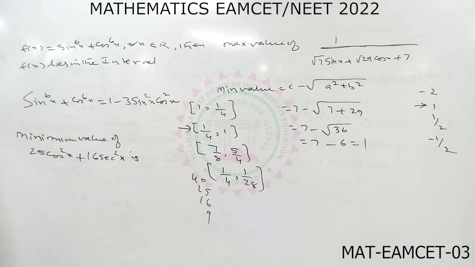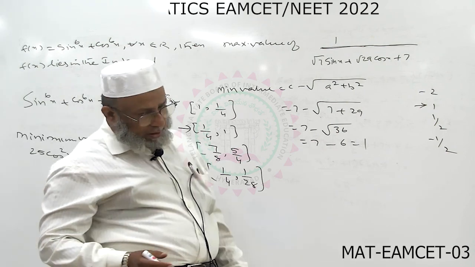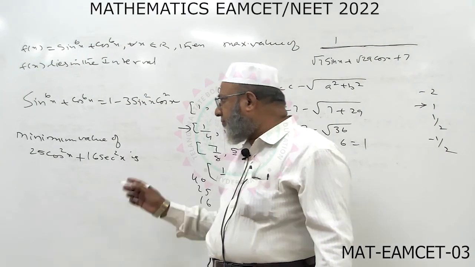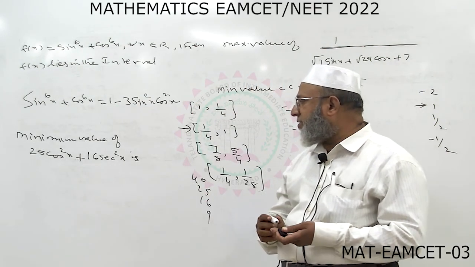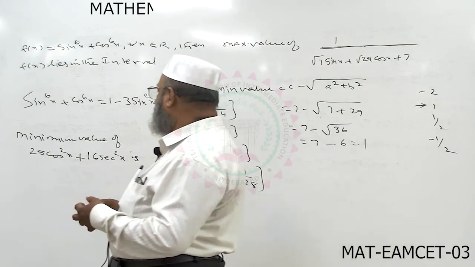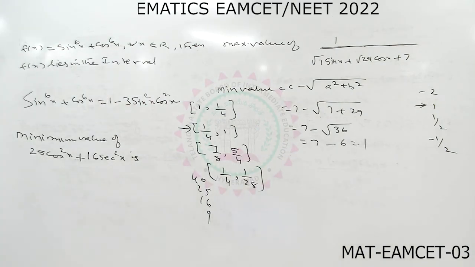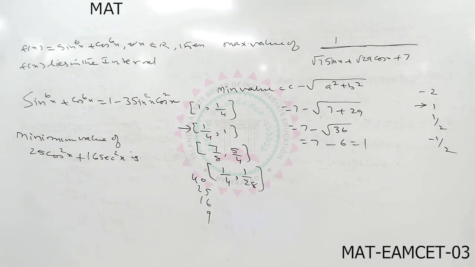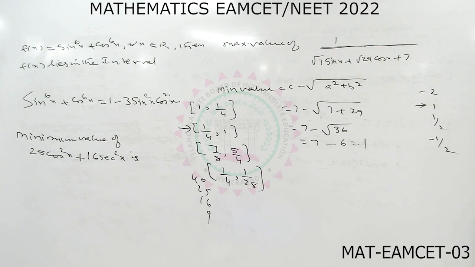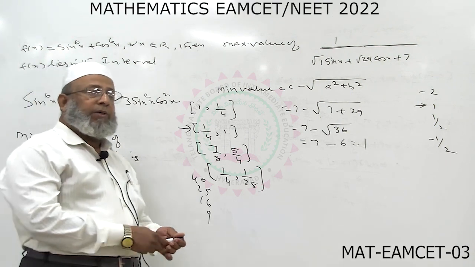So, you have to remember one more shortcut formula when the function is of the form a cos square x plus b sec square x, or a sin square x plus b cosec square x, or a tan square x plus b cot square x.